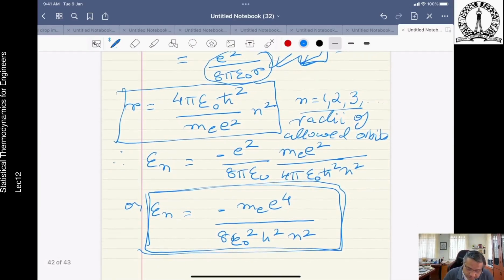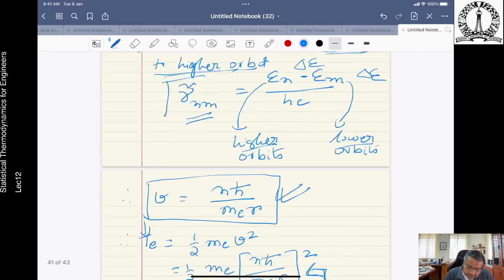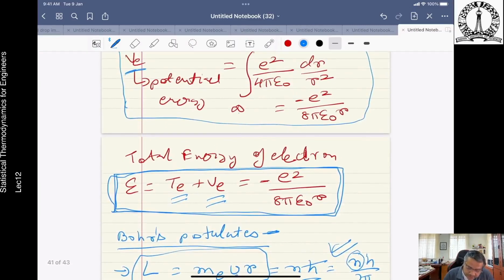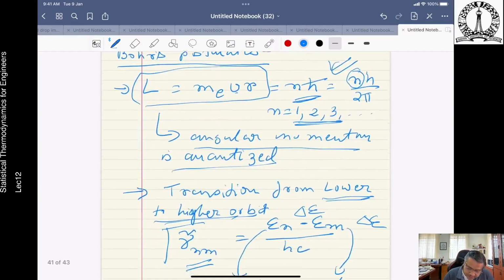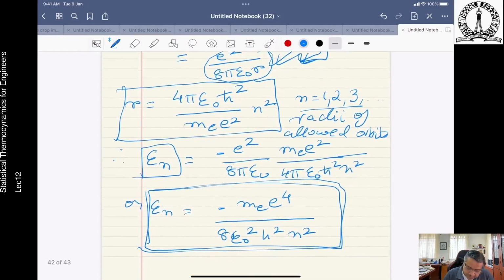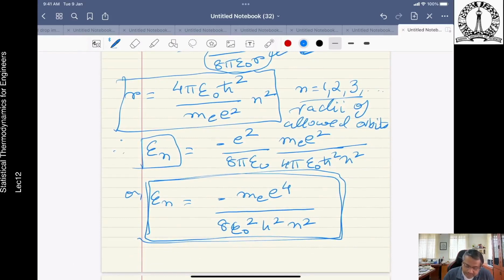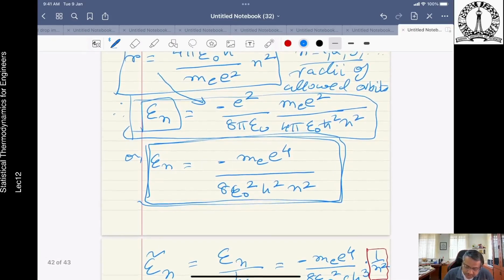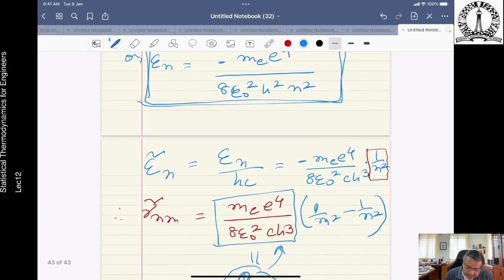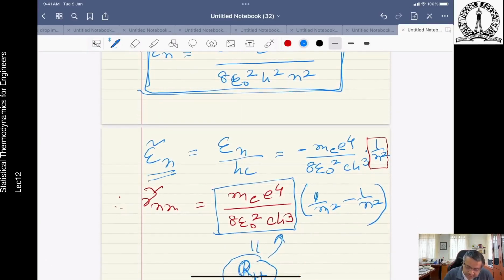Now, if you look at this particular expression, the total energy, you substitute the expression for r in that expression. That's basically you put this here and you get this expression for energy. Now, this is just algebraic manipulation.